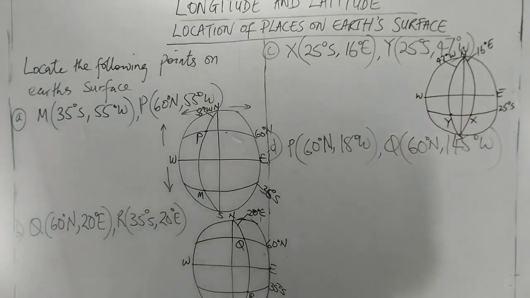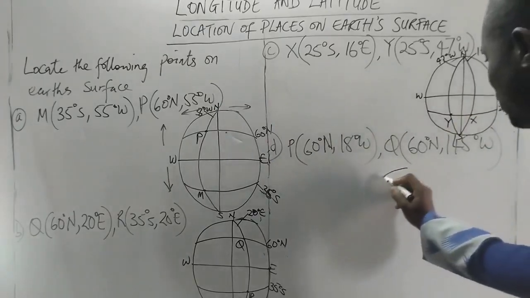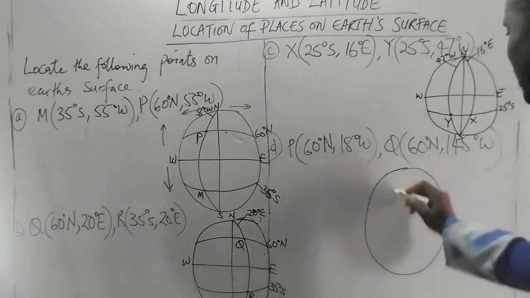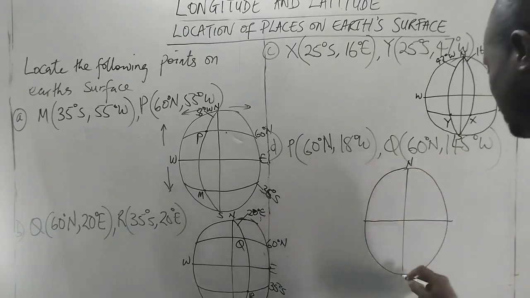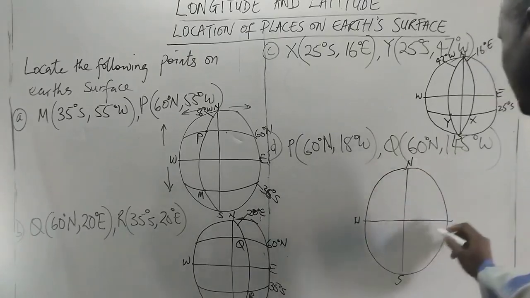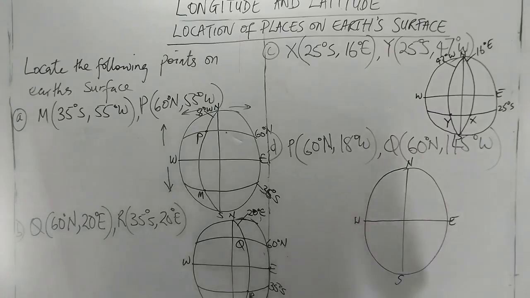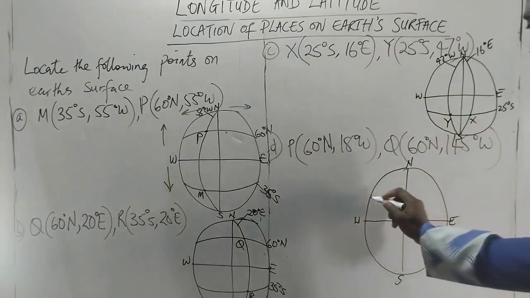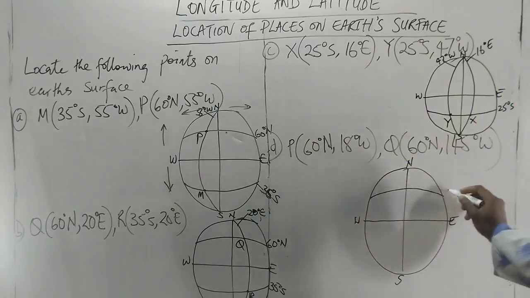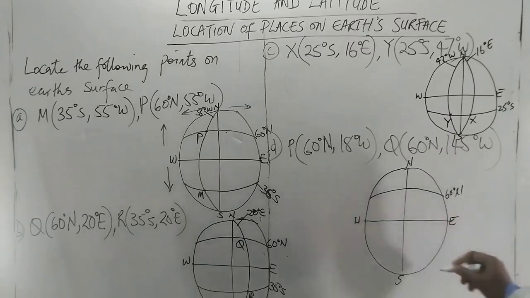Then for the fourth one, you also draw your Earth's surface, put your poles north, south, west, east. Then the first point, 60 degrees north and 18 degrees west.